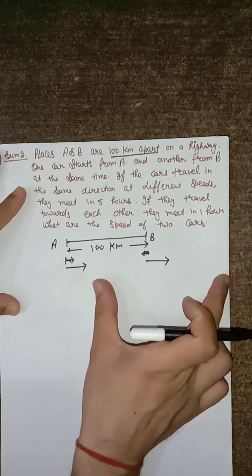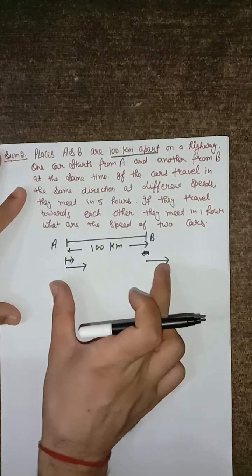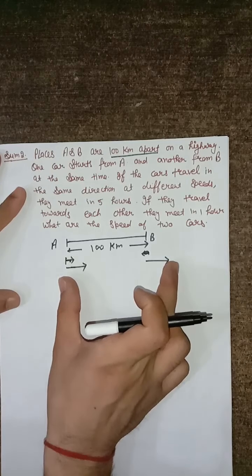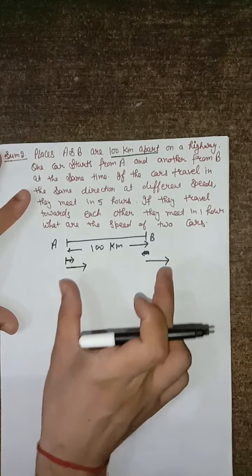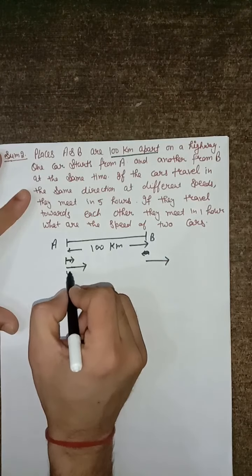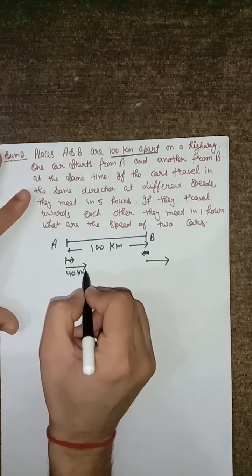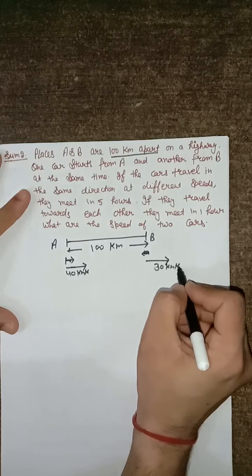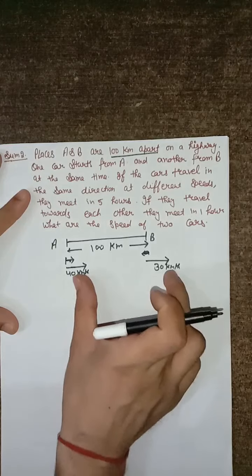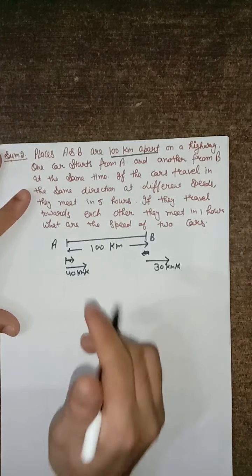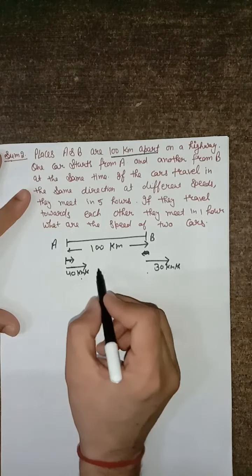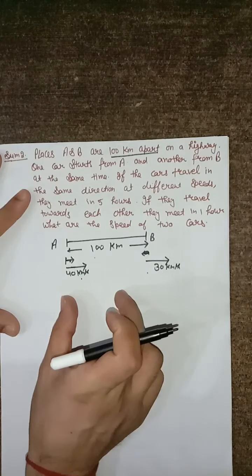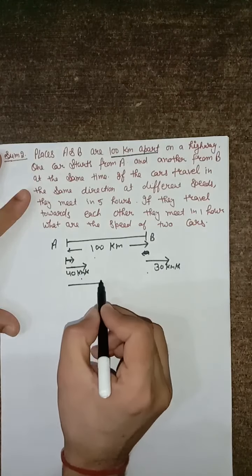Then their speeds get subtracted. Say I have 40 km per hour here, and here 30 km per hour. If I check after 1 hour, then the difference will be this 100 km plus what this moves, 40, and this moves, 30.